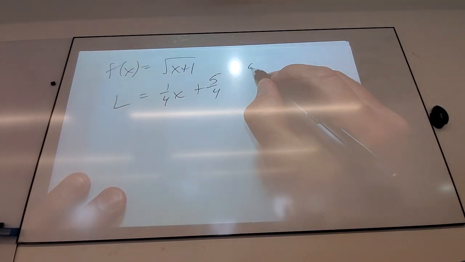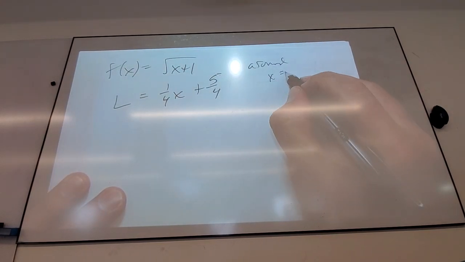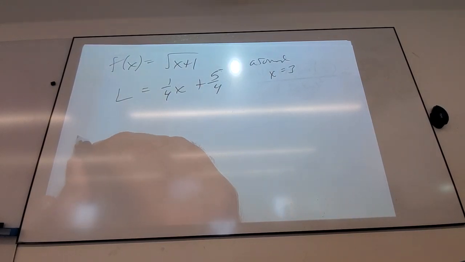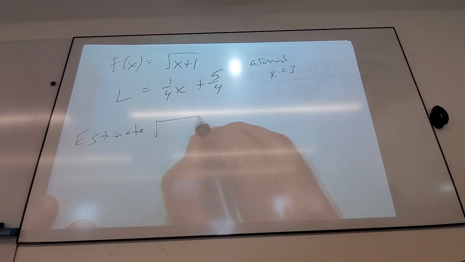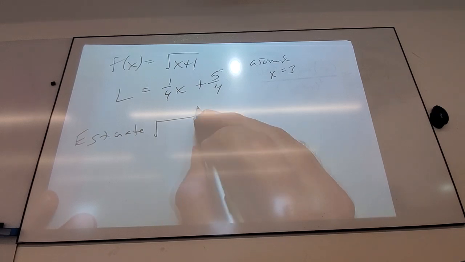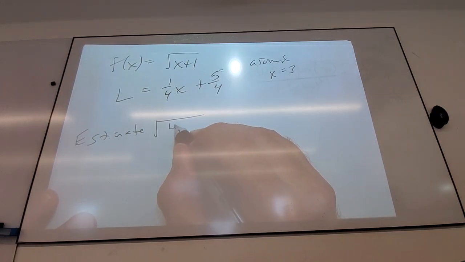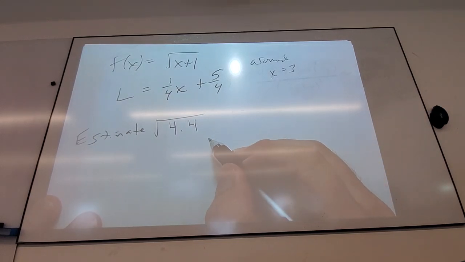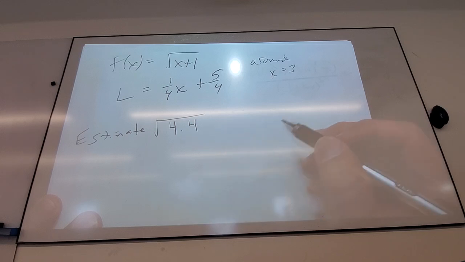And it's going to be around x equals 3. So how would you estimate the square root of... can you do it, Jeff? Maybe. Yeah. 4.4. 4 point... hold on, I can't think this morning.